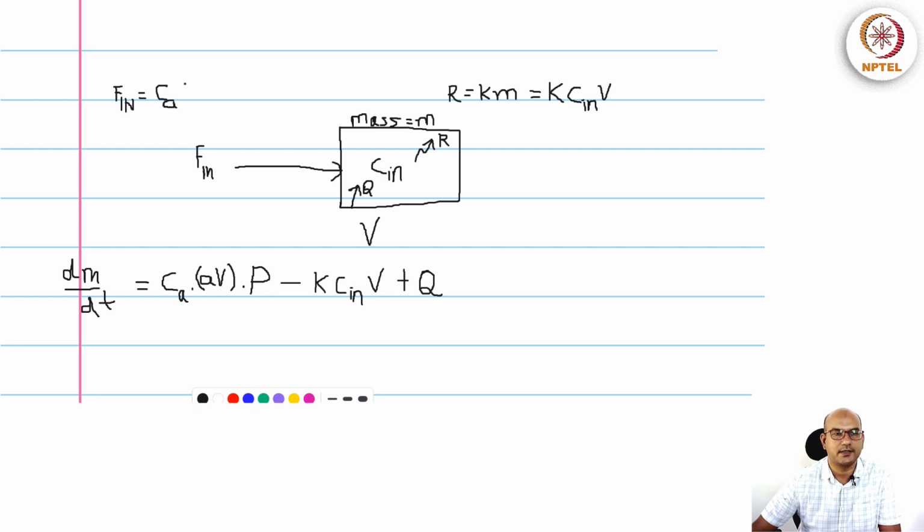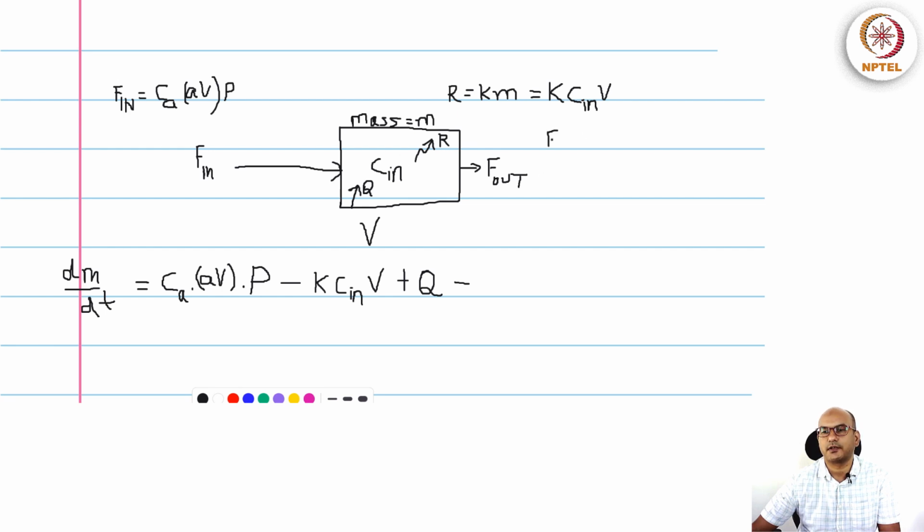I'm going to just write this F in equation here. So dm by dt is F in plus Q minus R minus F out. Now what is F out? So F out is basically the volume of air going out and the concentration of the pollutant in that air.